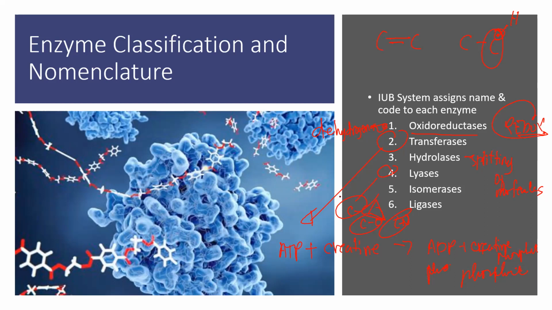Okay? The fifth classification of enzyme is what we call isomerases. Para saan naman si isomerases? Converts one isomer to another. Remember that isomerase is one of the important classes of biochemical reactions involved in the conversion of one isomer to another. Ano ba yung isomer? Pag sinabi natin isomer, they are structurally different, but they are the same in terms of composition, in terms of the number of elements present.